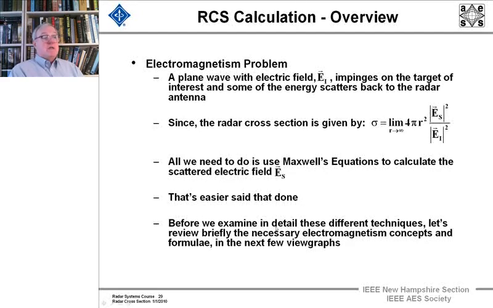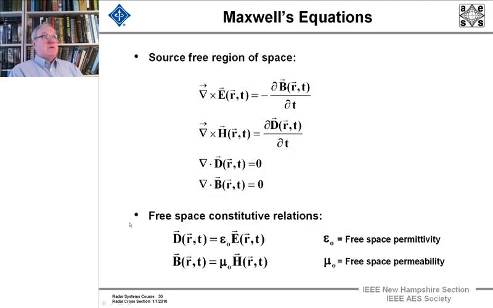Before we look in detail at these different techniques, let's look briefly at the necessary electromagnetism concepts and formulas in a few view graphs that should be reasonably familiar and that we've gone over earlier.